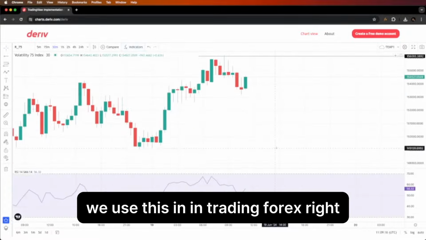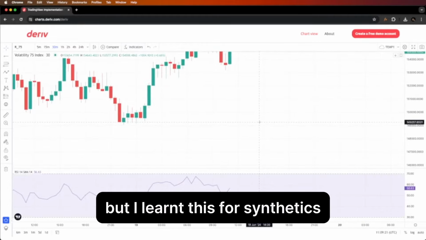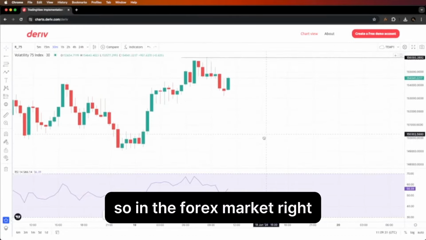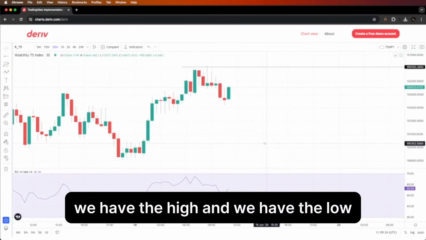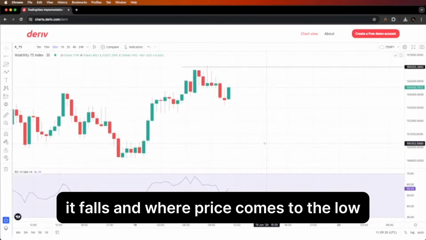We use this in trading forex, but I learned this for synthetics basically. It comes with a default setting where you have high as 70 and low as 30. In the forex market, we have the high and we have the low, and we know that when price goes up it falls, and when price comes to the low it goes up.